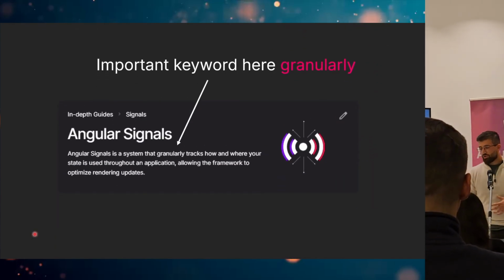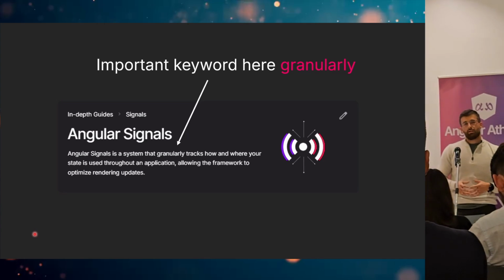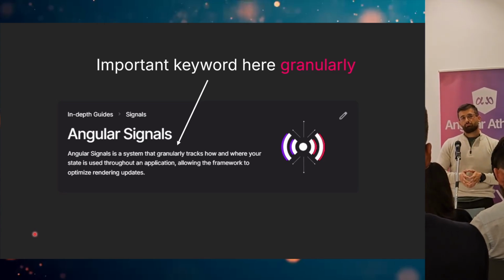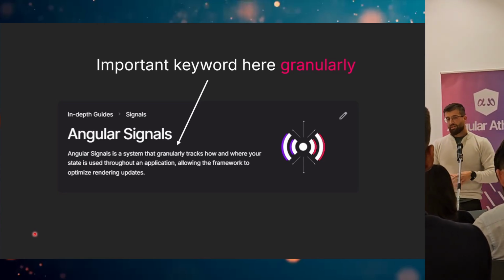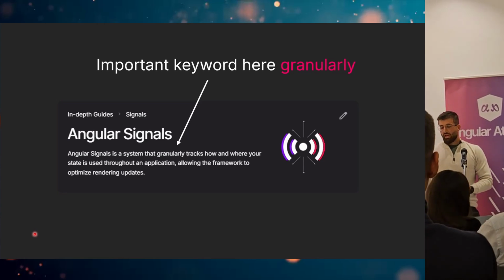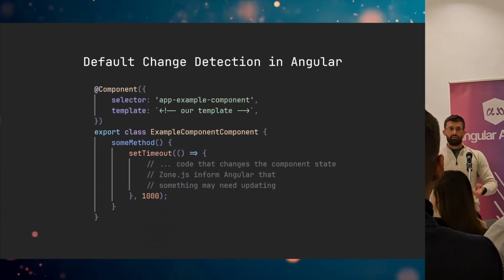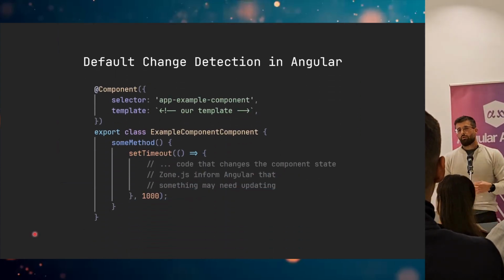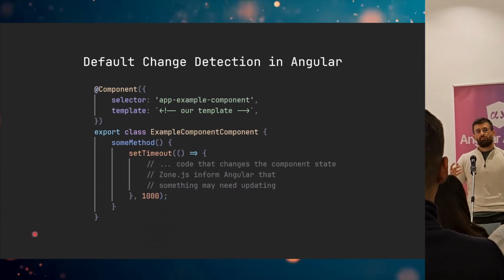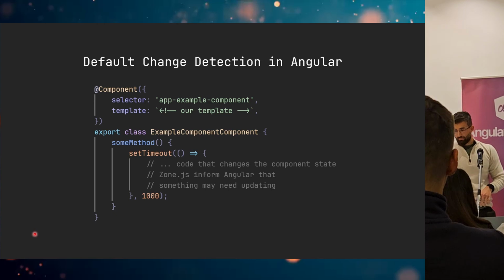But let's first understand how signals work exactly. By definition, they allow the framework to optimize rendering updates by granularly tracking the state. But what does granularly really mean here, or more commonly known as fine-grained reactivity? To understand what granularly means, we first have to look a bit at how change detection currently works in Angular. By default, Angular utilizes Zone.js, which is a library that intercepts asynchronous operations, like HTTP calls, timeouts, UI events.